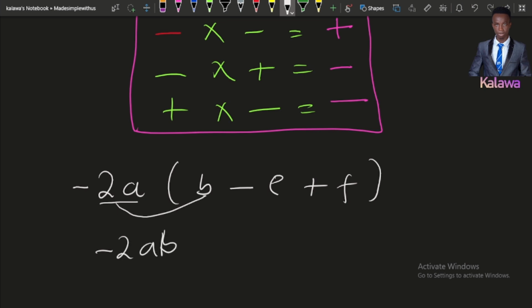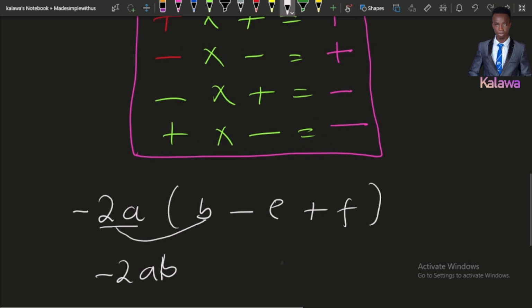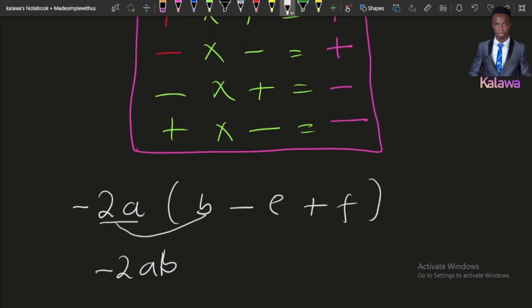The change here is the minus sign, and we use the law that says minus times plus. This will always end up with a negative answer, because this is a negative sign, and this b alone, remember when a letter or number stands alone, it is always in the positive form. Get that in your mind.